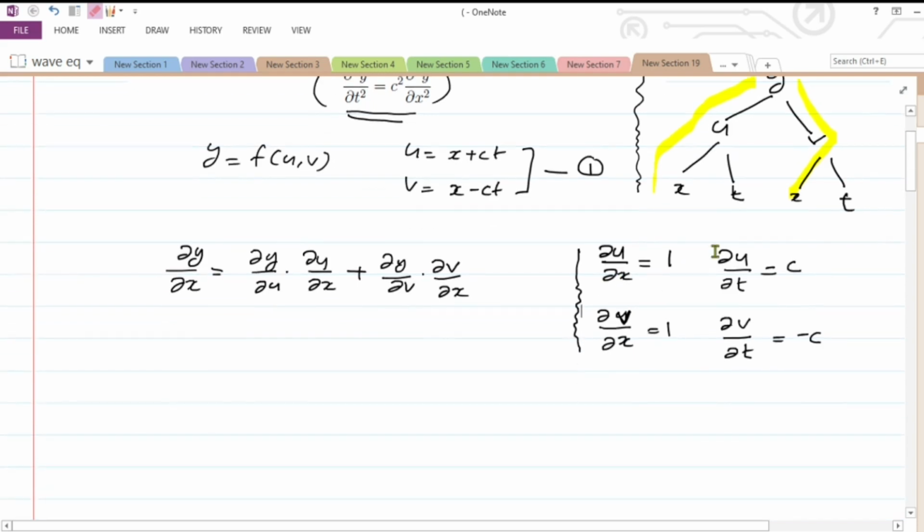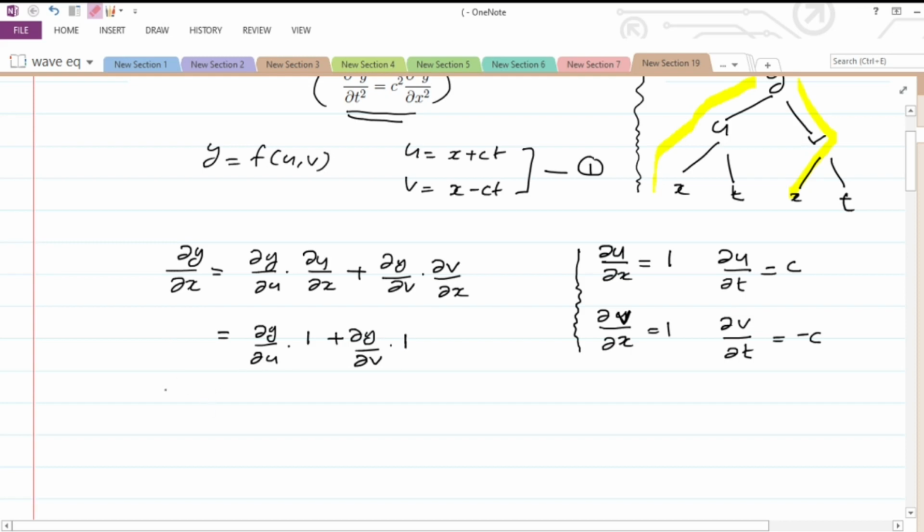We can substitute all this in the equation. What we get is dou y by dou u into dou u by dou x, which is 1, plus dou y by dou v into dou v by dou x, which is again 1.